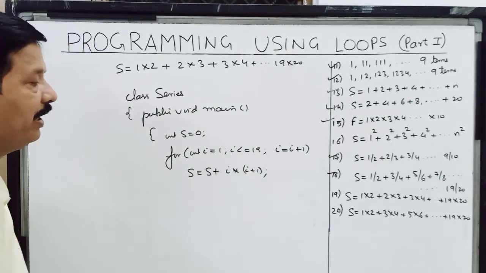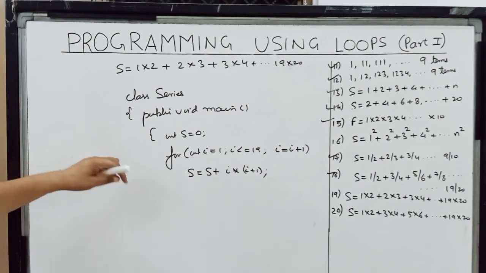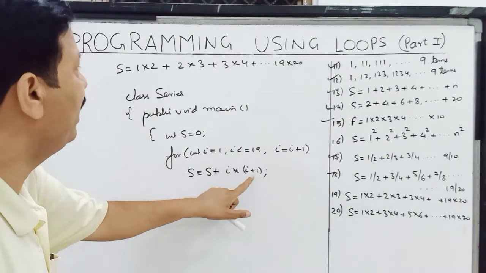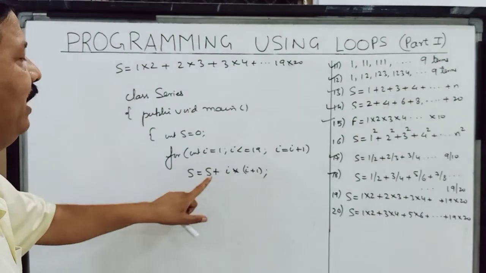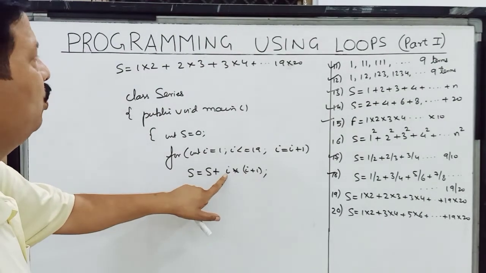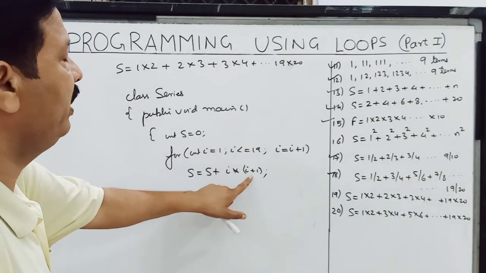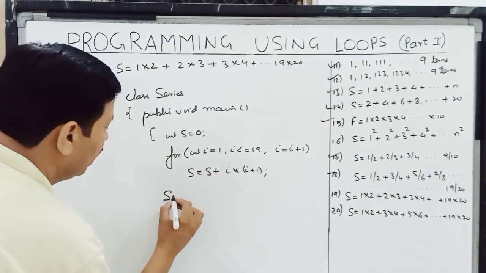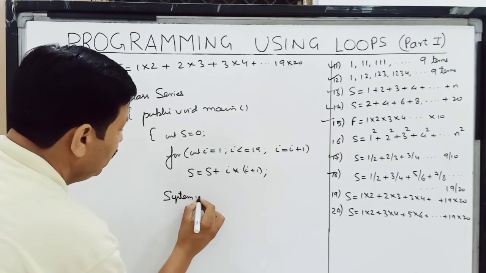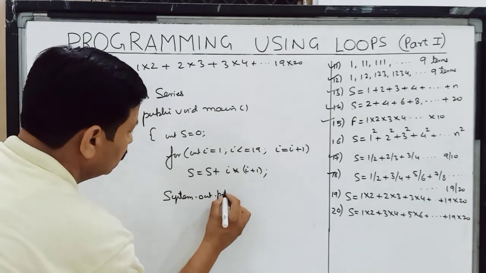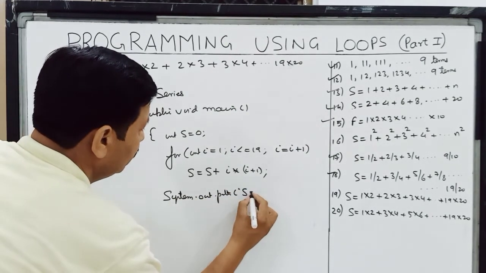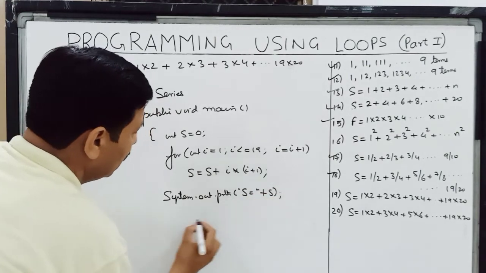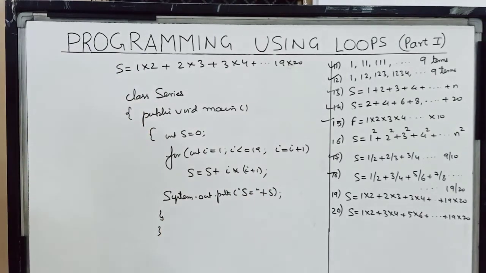So this I have taken, and when i will be 1, 1 will get multiplied by 2 and it will then get added to s. When i will be 2, 2 will get multiplied by 3 and so on. When it will be 19, so 19 into 20. Now I print the sum. I hope this is clear.